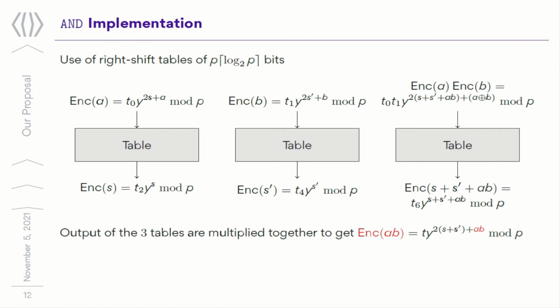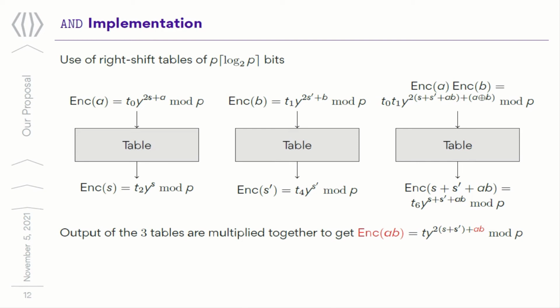With the right shifting we remove the encoding of A, we only keep the quantity S prime for B, and S plus S prime plus AB for the encoding of A times the encoding of B. And when we multiply all these three encodings, thanks again to the addition property, we only have the encoding of A and B.